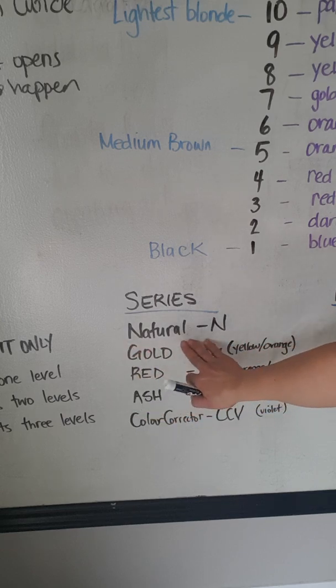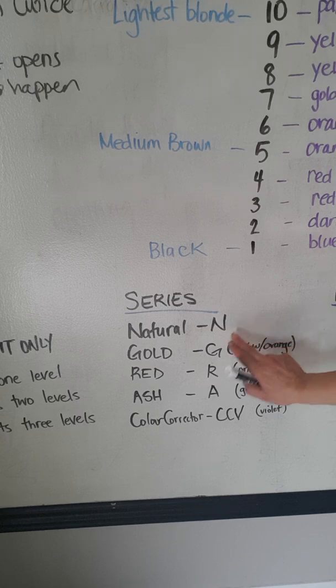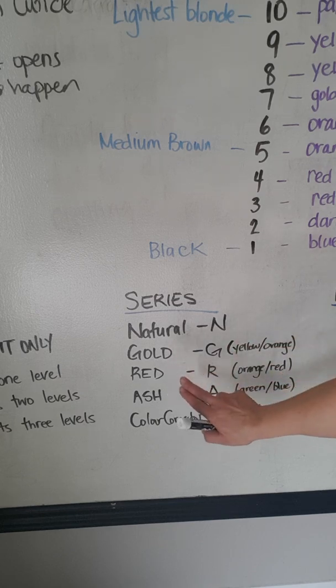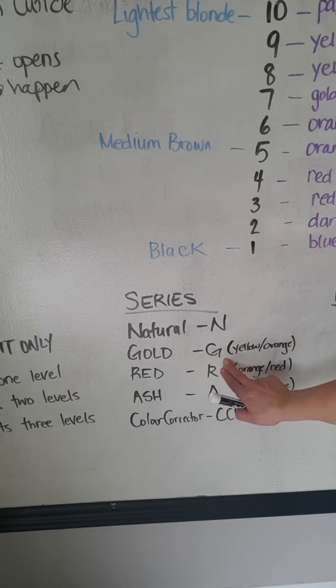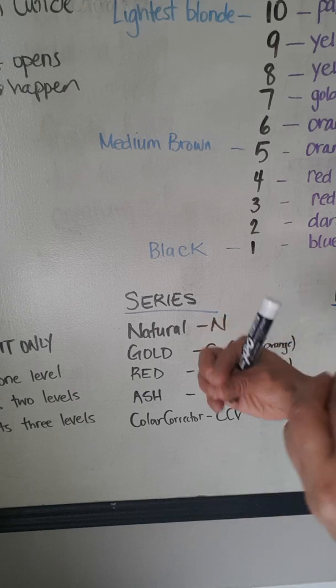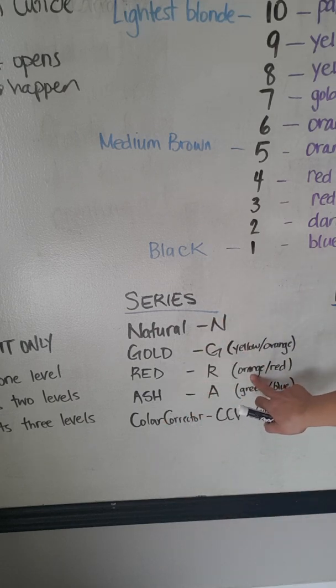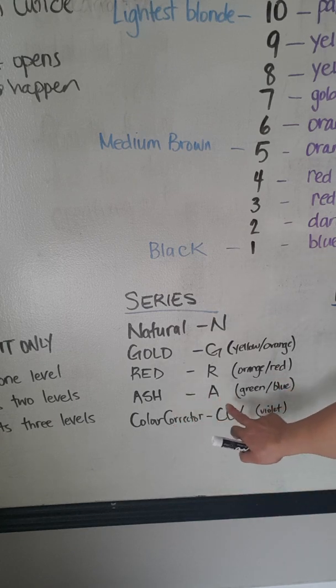So their natural series is identified by the letter N. Okay, their gold series is identified by the letter G. And the gold series contains yellow and a little bit of orange in it. That's what makes that goldy color. The red series contains oranges and reds. The ash series contains greens and blues.